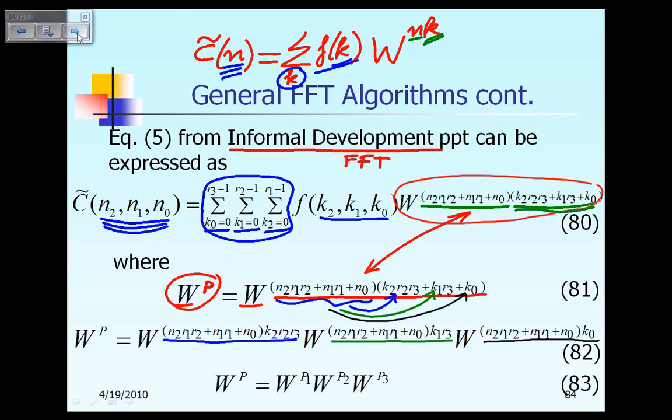So now you can see very clearly the right hand side of equation 82 can be expressed in the form of w raised to the power p1, where p1 represents the power of the first term, as I show in blue color, multiplied with w raised to the power p2, as you see in equation 83, where p2 is shown in the green power, and multiplied with w raised to the power p3, where p3 is indicated in the black color power in equation 82.